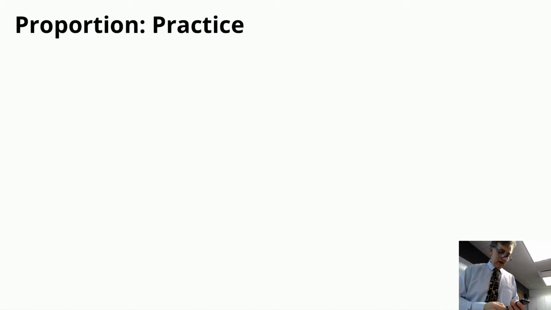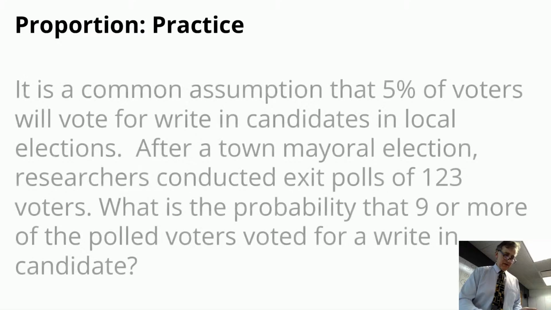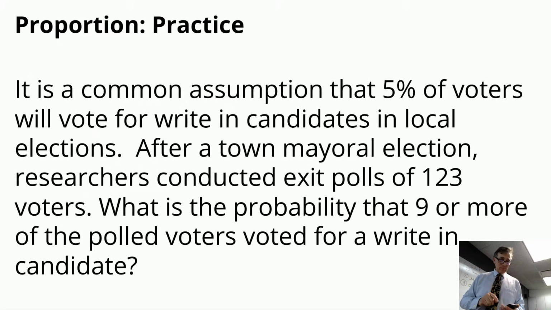Okay, so here's what we're going to do. We have this problem here, and I want to identify all of the stuff in the problem. So I need to pick people. Now I've got my random people here.